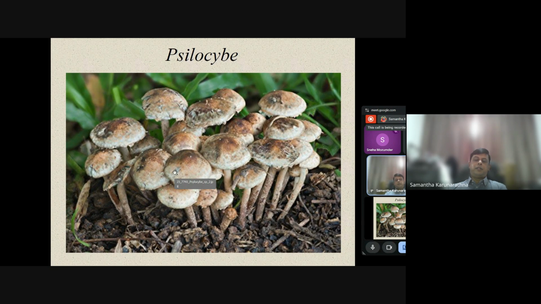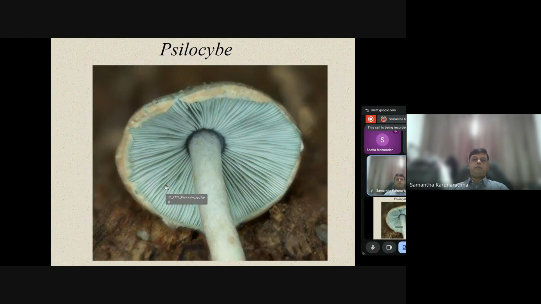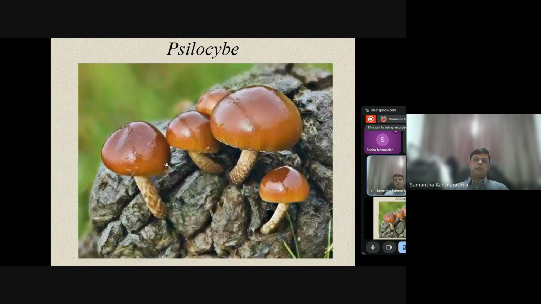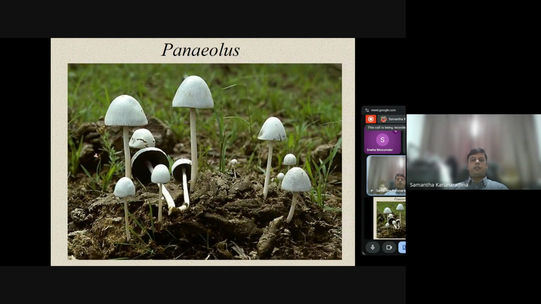If the mushroom goes blue very quickly, that means it has a high concentration of psilocybin or psilocin. Yeah, this is the underside. The spore print is blue to black. And another Psilocybe and Panaeolus, also one of the psilocybin-containing groups.